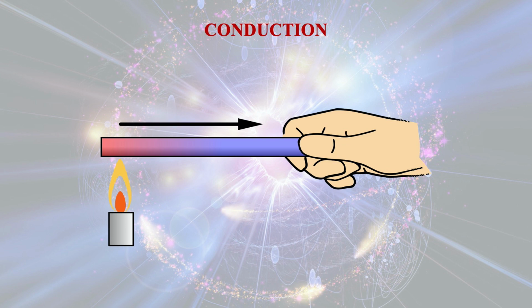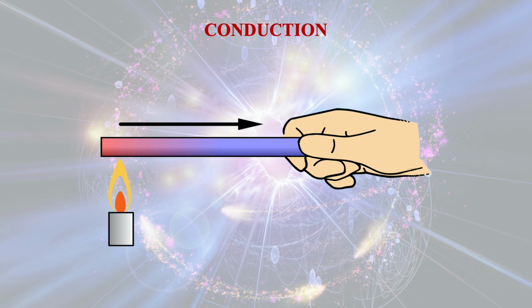Again, they will share energy with the adjacent molecules, and in that process the heat is transferred from the hot region to the colder region. So this is the process of conduction, the process of heat transfer.